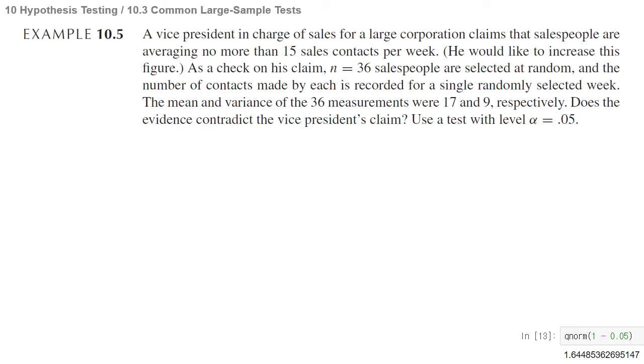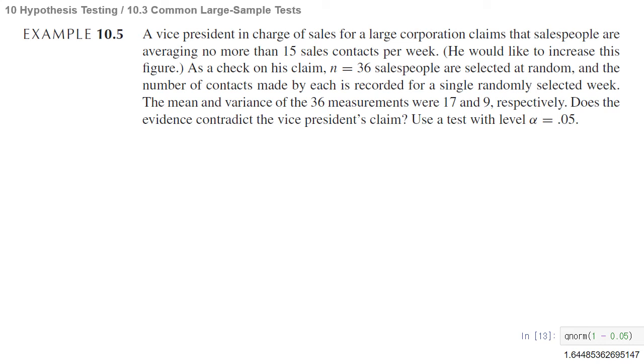Let's move on to example 10.5. A vice president in charge of sales for a large corporation claims that salespersons are averaging no more than 15 sales contacts per week. He would like to increase this figure. As a check on his claim, n equals 36 salespeople are selected at random, and the number of contacts made by each is recorded for a single randomly selected week.